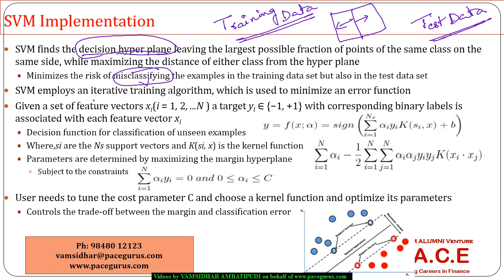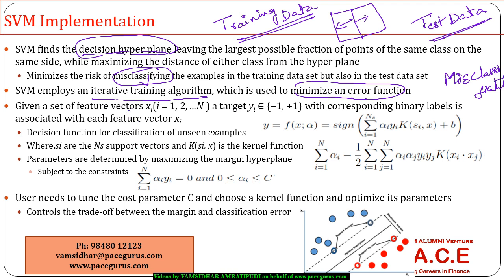So mathematically, support vector machines use an iterative training algorithm, and they minimize an error function. The error function is the error with respect to the misclassification of the elements into the different groups. So that misclassification is what is being minimized.